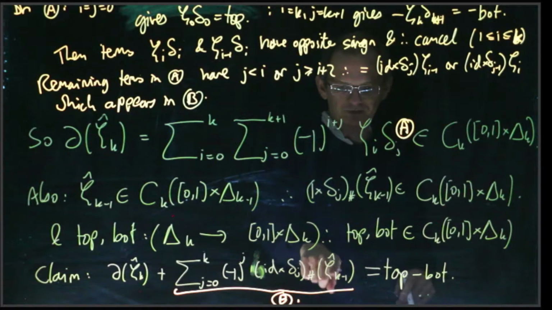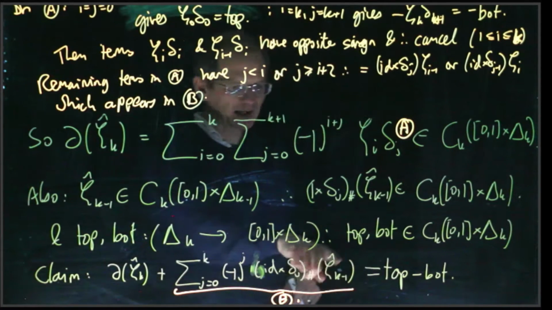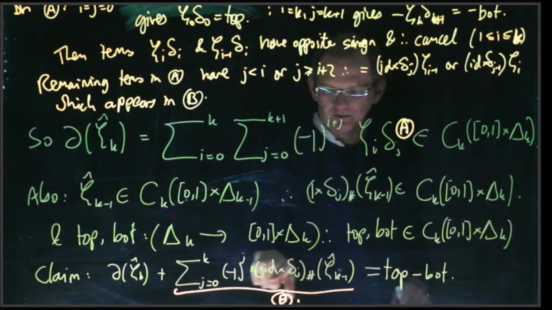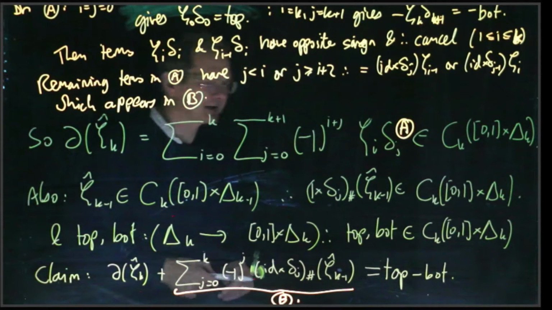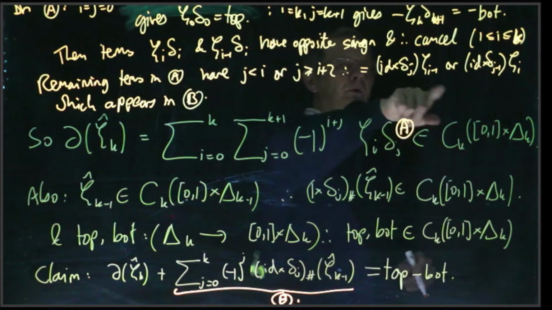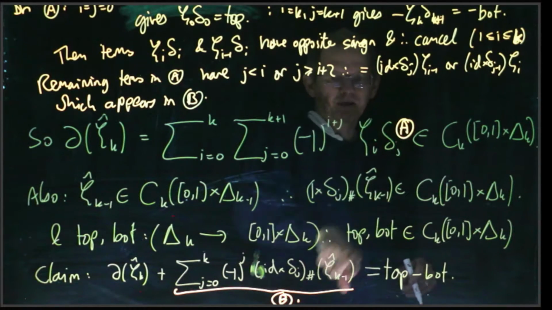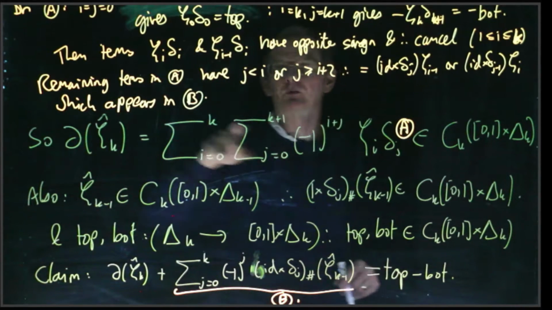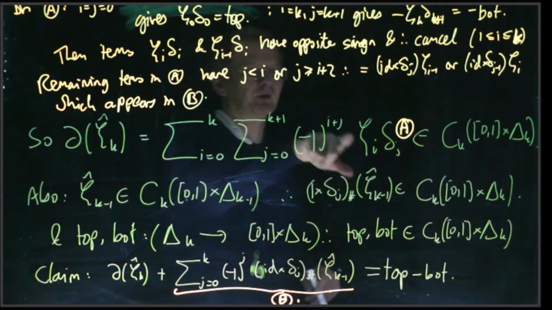There's zeta hat k minus 1 here, the sum of all these kinds of terms with the zeta like that, composed with identity cross delta j. But this guy will appear over here with the sign minus 1 to the j plus i minus 1, whereas it appears in here with the sign minus 1 to the i plus j.